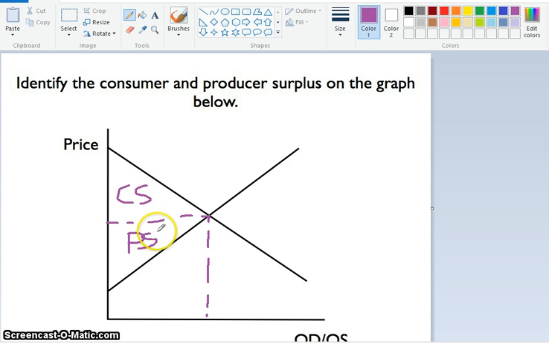Now we can make all sorts of variations to this, but this maximizes our total surplus, our consumer surplus plus producer surplus. And anytime we have inefficiency, say we put a price ceiling or a price floor or a tax, which we haven't talked about yet, in place, we reduce our quantity, so that reduces our total surplus. And so that's a sign of inefficiency.